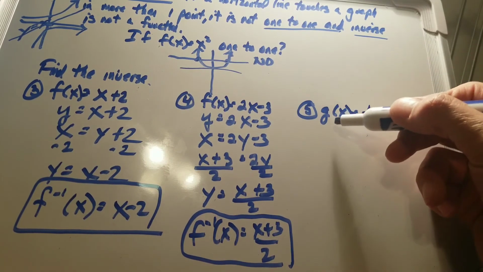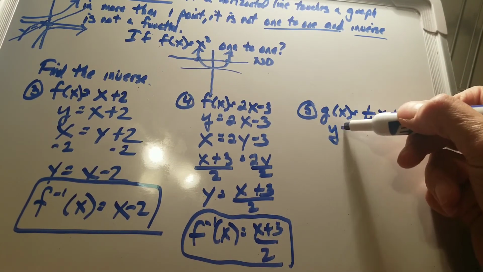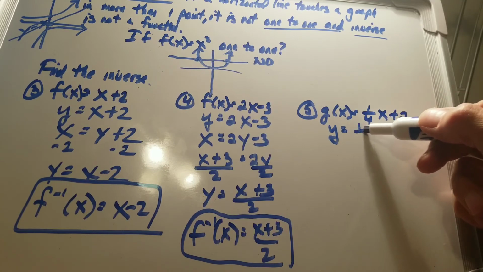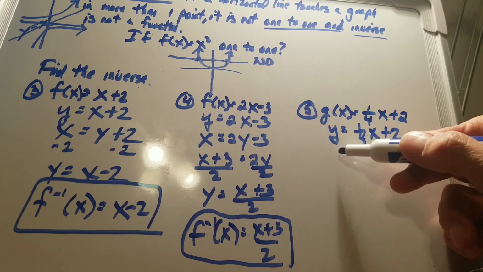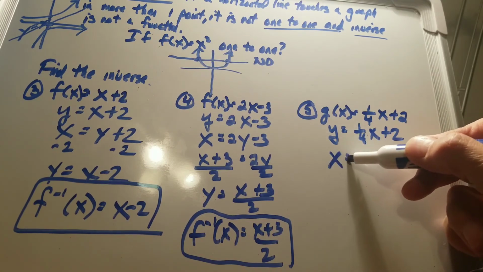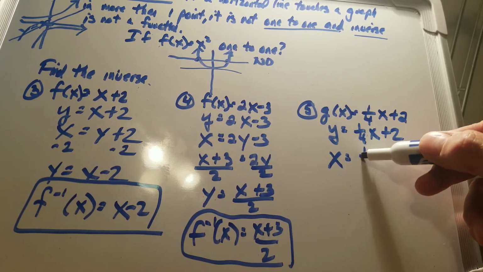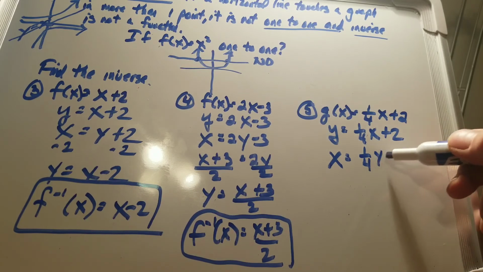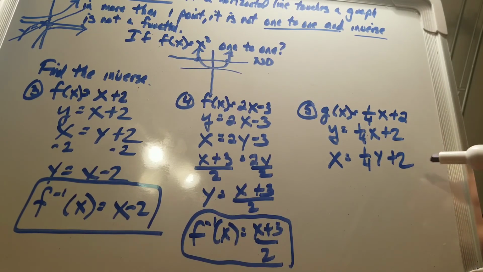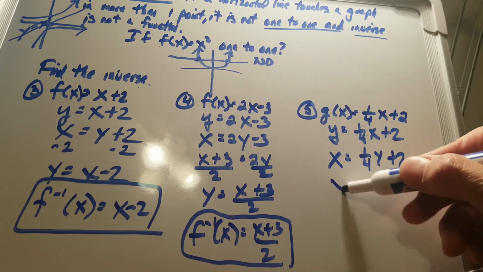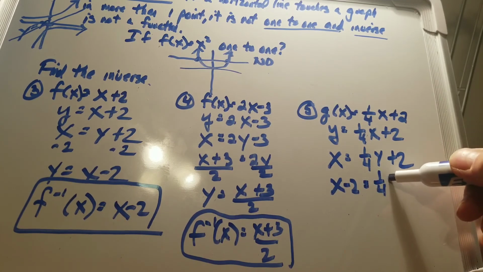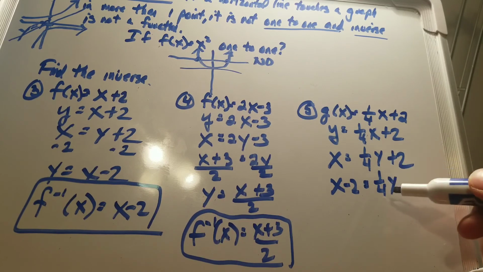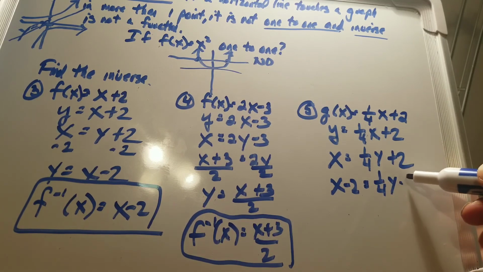Okay, the third one. Always write y is equal to 1/4 x plus 2. Switch the x's and y's. Now move the 2 over, and you get x minus 2 is equal to 1/4 y. Now I have to get rid of the 1/4, which means you can multiply both sides by 4.